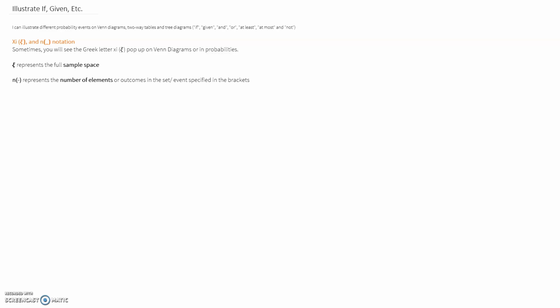And if we write n with an event in the brackets, that's saying the number of elements, hence n, in the set specified. So if I said n(A), I'm saying the number of elements in event A. These are just two bits of notation that will pop up as we're doing this skill.